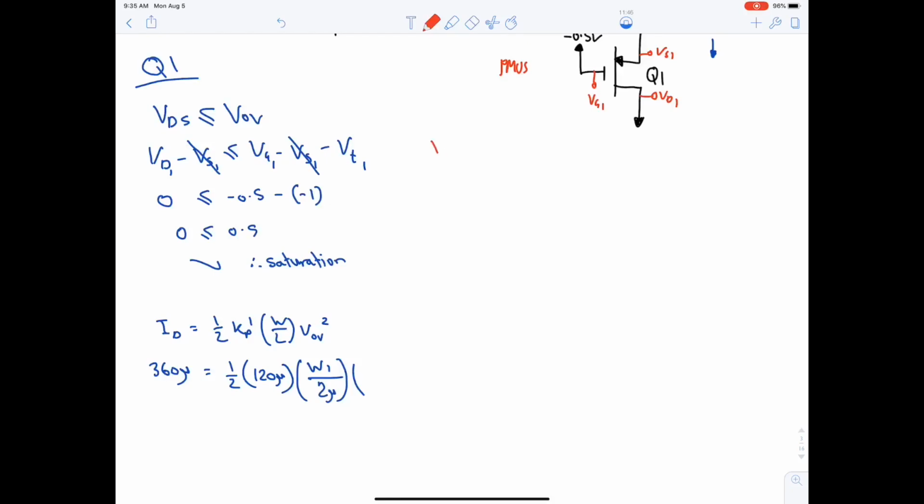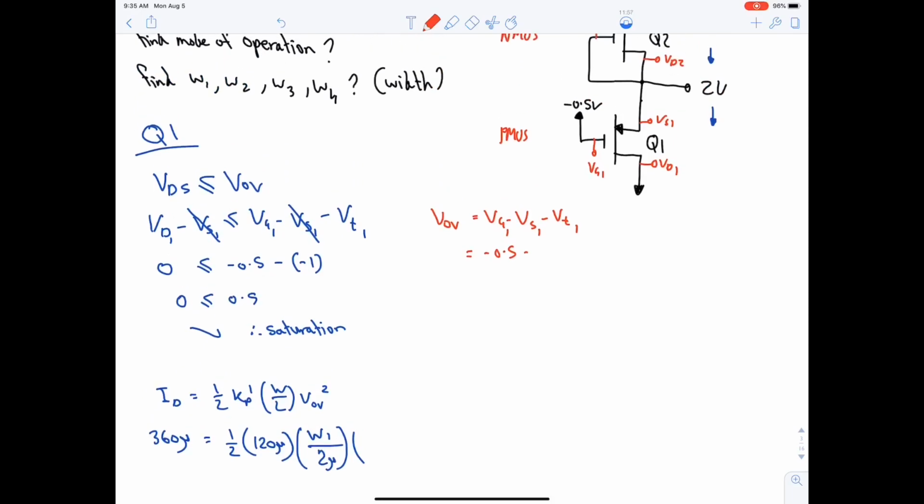Okay, so VOV is equal to VG minus VS minus VT. VG1 is minus 0.5, VS1 is 2. I took it from here. It's the same thing, it's a wire. Minus VT, which is minus 1. So VOV is minus 1.5 volt.